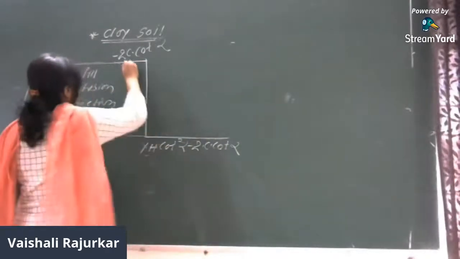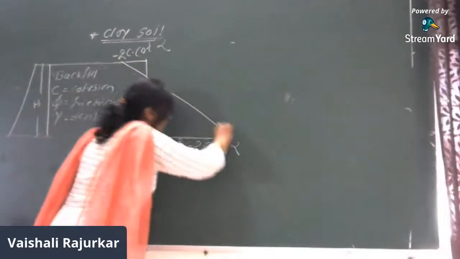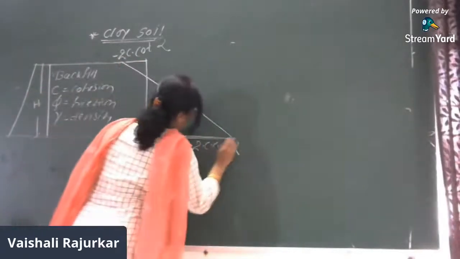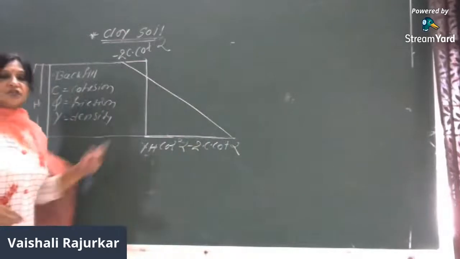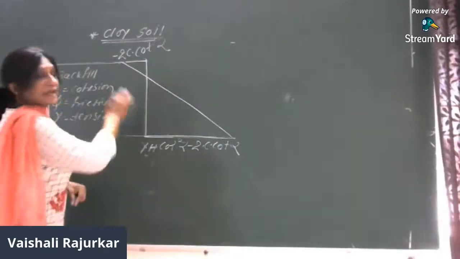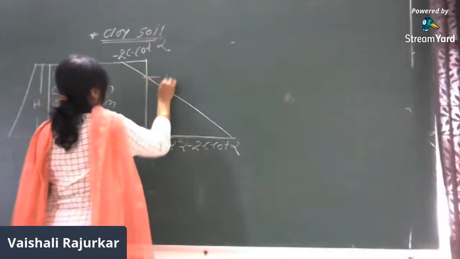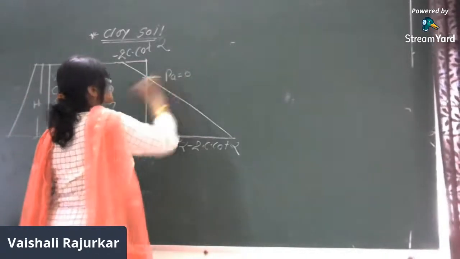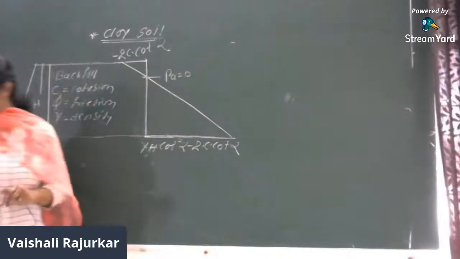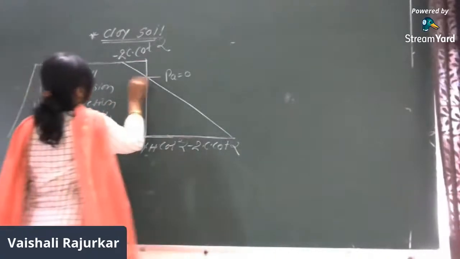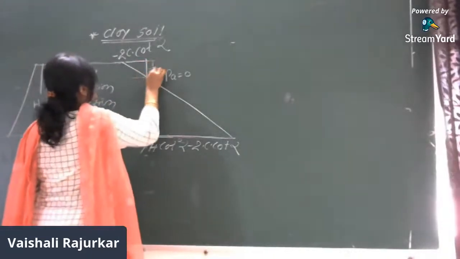Right? So in this case, this is the pressure distribution diagram. It will be a negative-positive distribution, and this is the distance at which PA is 0.